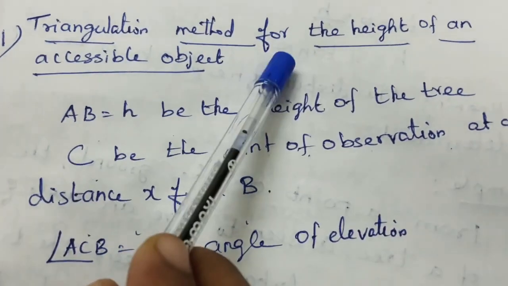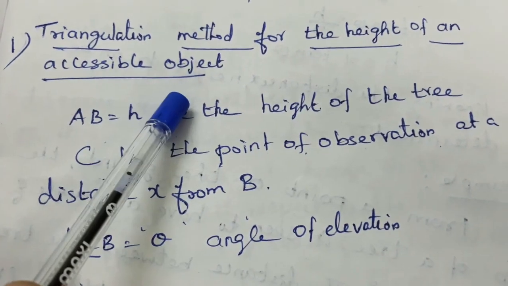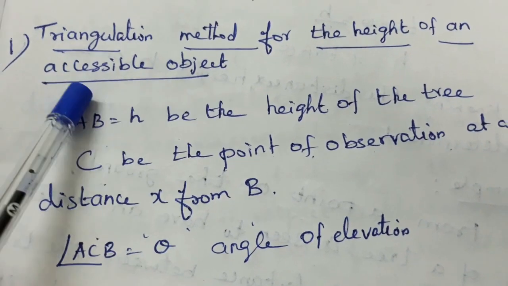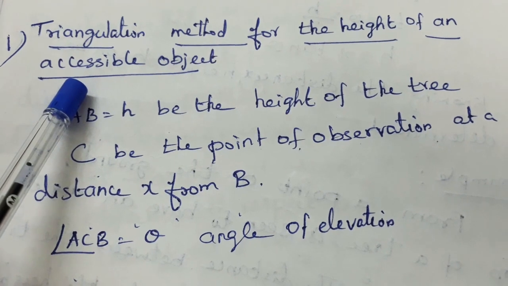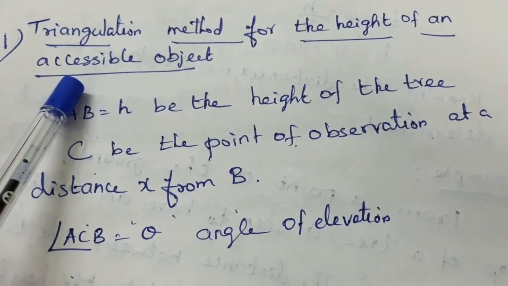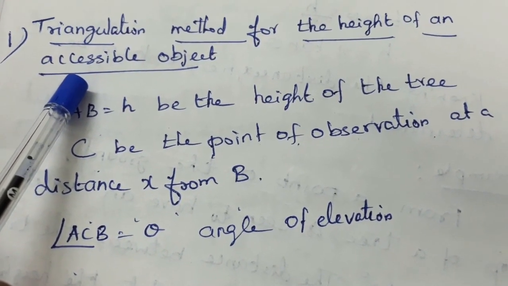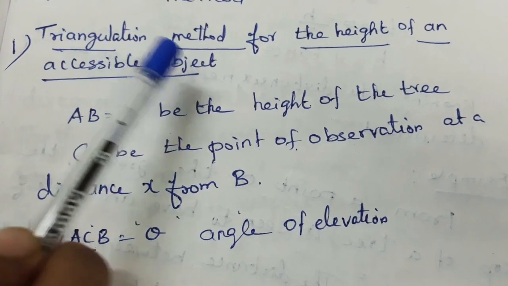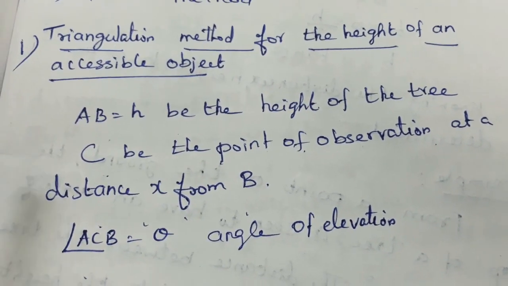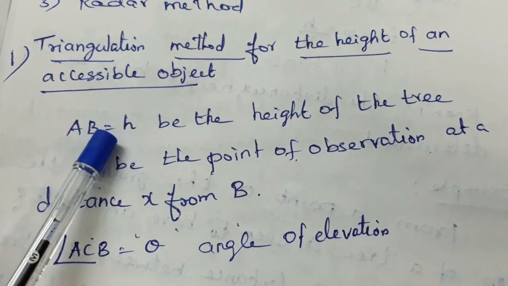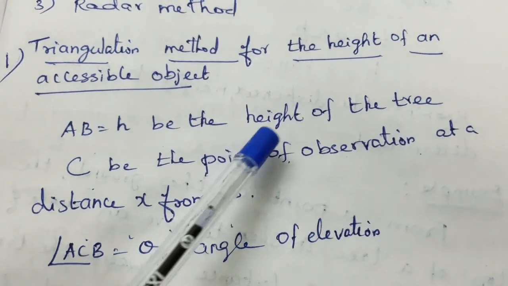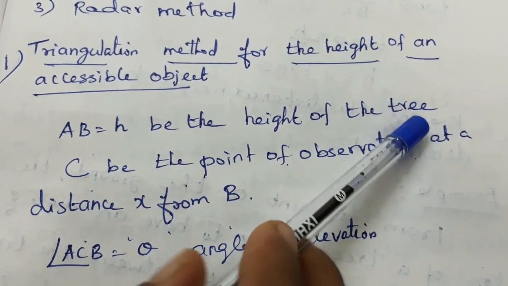Triangulation method for the height of an accessible object. In this method, we can measure the height of a tree from the ground or the height of a tower from the ground, etc. Let us consider AB, that is the height of the tree.